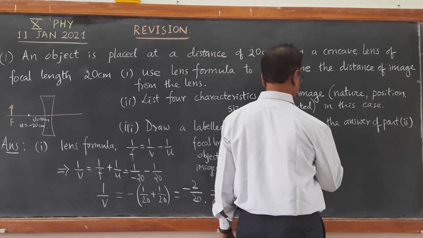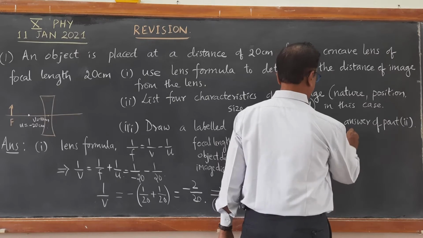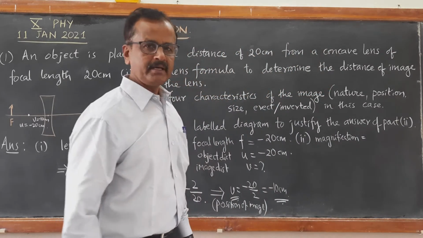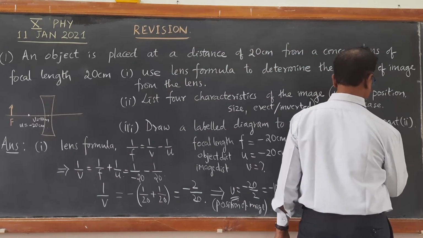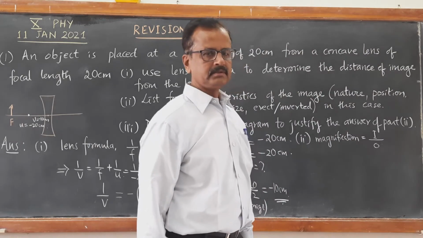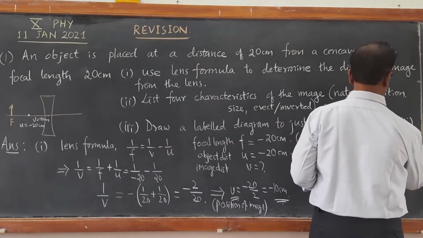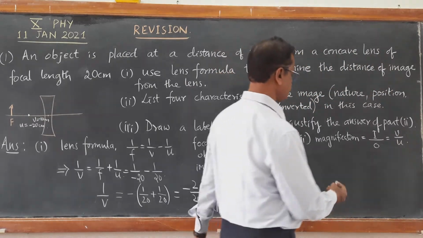For this we will find the magnification. By definition, magnification is equal to image distance by object distance, that is v by u. So v is negative and u is also negative.